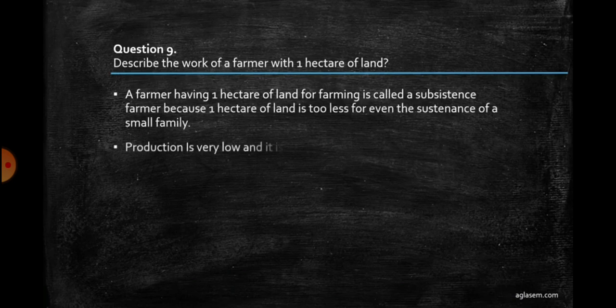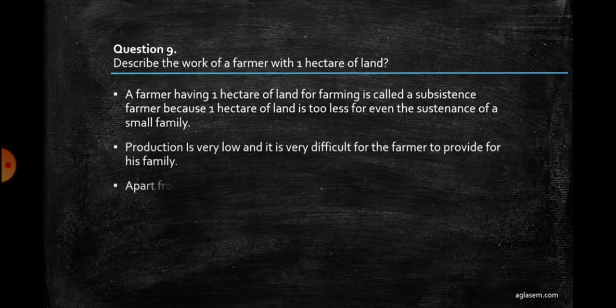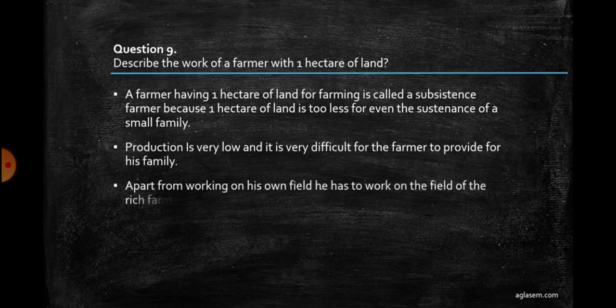Production is very low and it is very difficult for the farmer to provide for his family. Apart from working on his own field, he has to work on the field of the rich farmers or work as a casual laborer to survive.